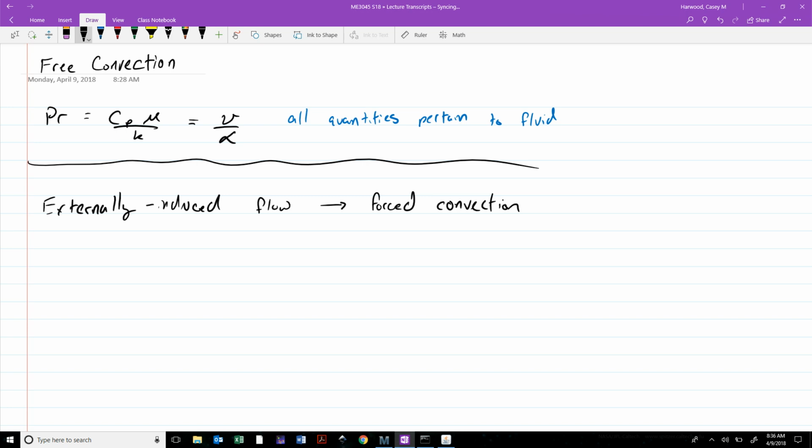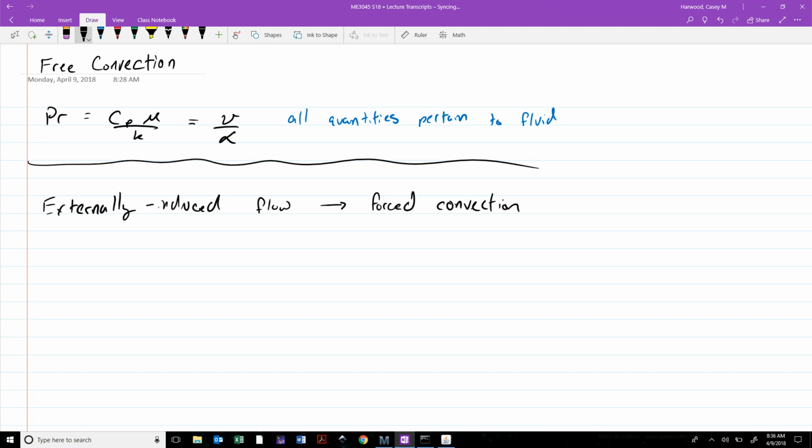But remember, convection is a combination of two things: advection and conduction. And that advection term is the part that is attributed to the fluid motion, wherever that fluid motion is coming from. That's the transport of thermal energy or concentration or momentum.